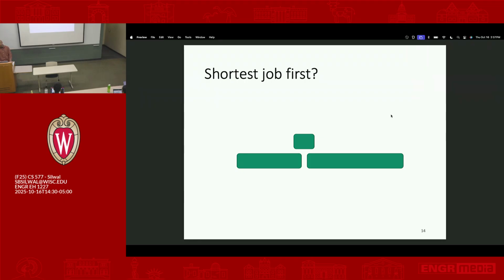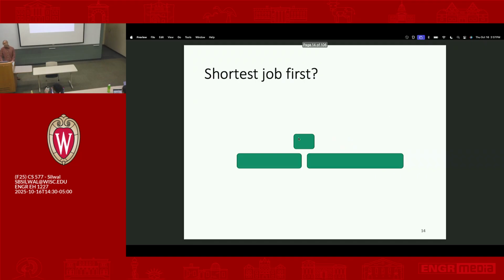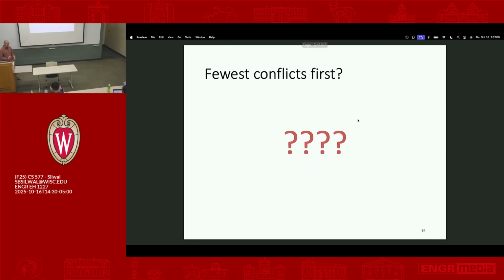Okay, so let's see another. The problem with this was that this activity was conflicting with lots of different activities. So we can say, what if we order the activities in terms of the fewest conflicts? We order the activities in terms of the number of other activities they intersect with. Can this work?